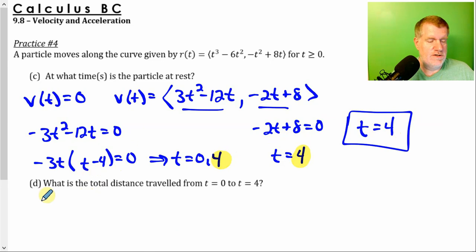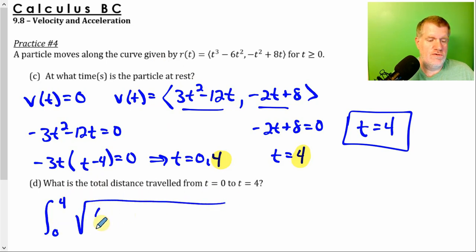And lastly, the total distance traveled. Well, we're given the velocity. So we're going to go from 0 to 4. And we're just going to take the velocity.